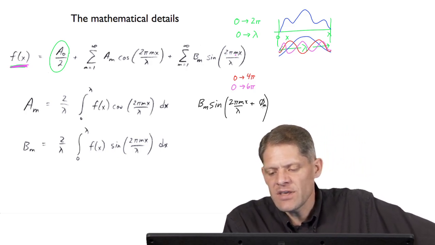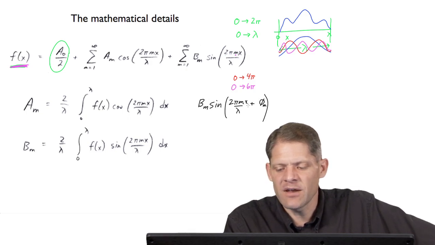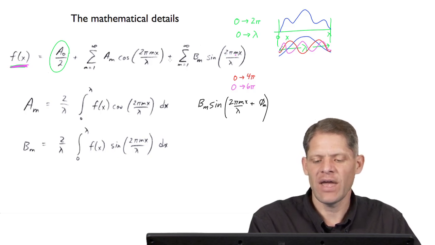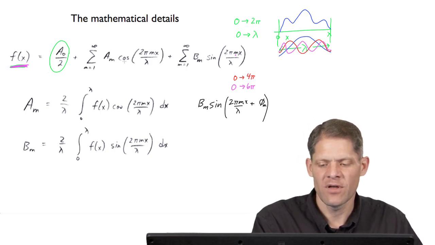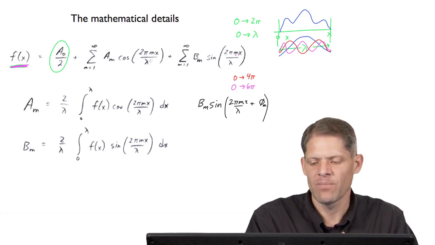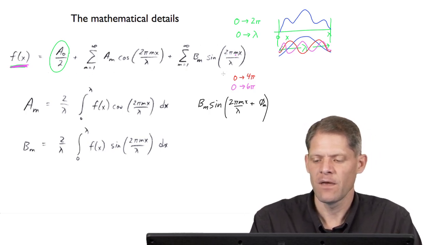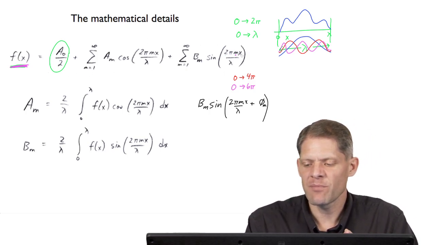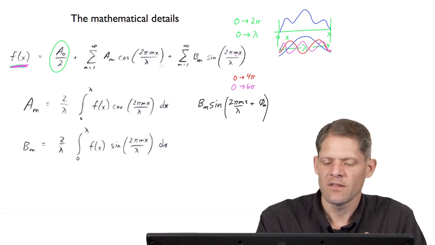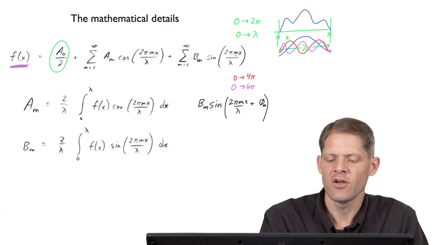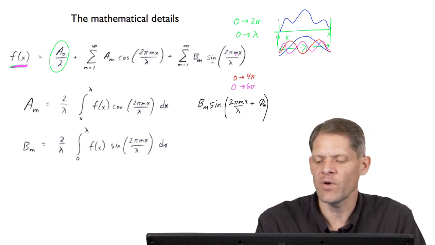So I could have written it this way, but it turns out that another way to introduce a phase shift is to add a sine wave and a cosine wave of the same wavelength. And so in this particular formulation, instead of each term having its own phase, we write that the original function can be decomposed into a series of cosine waves and sine waves.